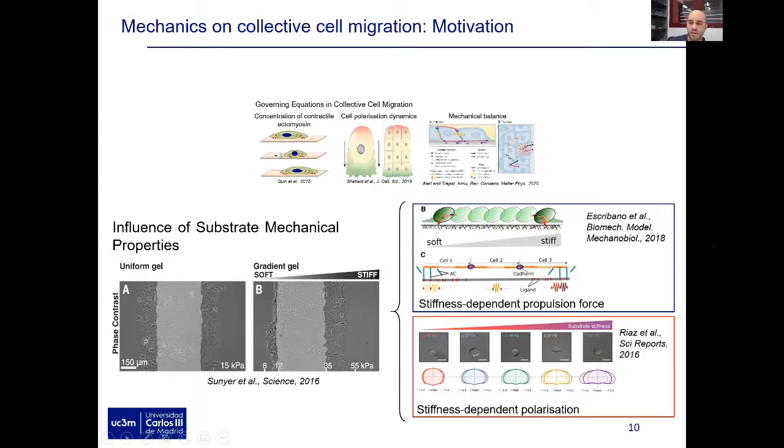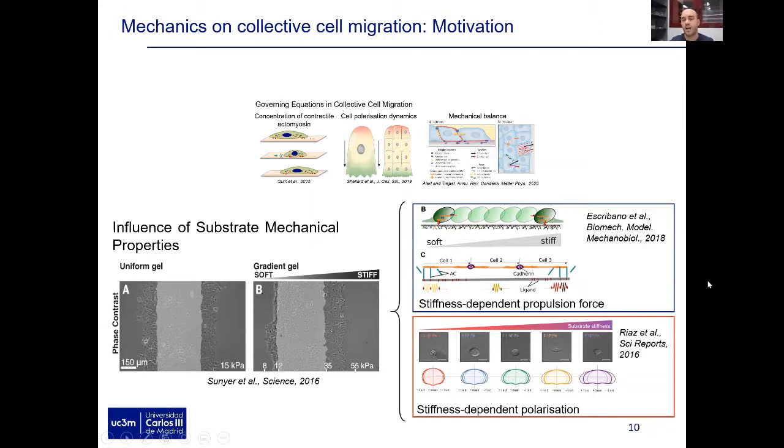We looked further in the literature and we can find some experimental evidence to say, okay, a priori, this is not only the propulsion force, so we can have other important dependencies, right? Regarding this polarization dynamics, which, as we can see here, is going to be widely linked to how these forces are exerted, we discovered that this is quite influenced by the magnitude of the substrate stiffness and also by different stiffness gradients.